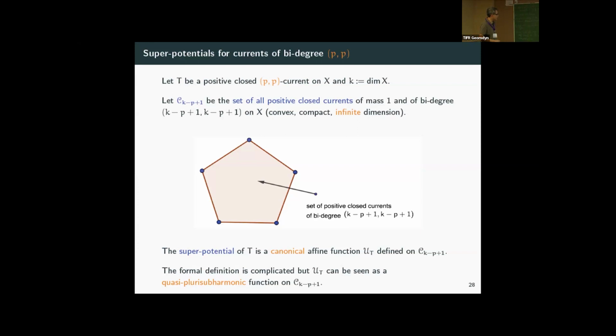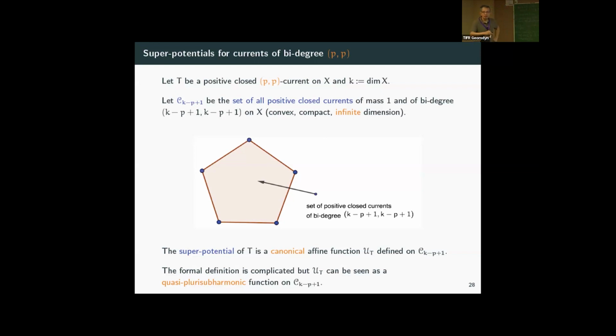U_T is a function here, which is similar to a quasi-subharmonic function on this infinite-dimensional space, which is compact, and so on. This function is canonical, and then we can study the current using this function in a way similar to what we can do for the potential in the case of bidegree (1,1).